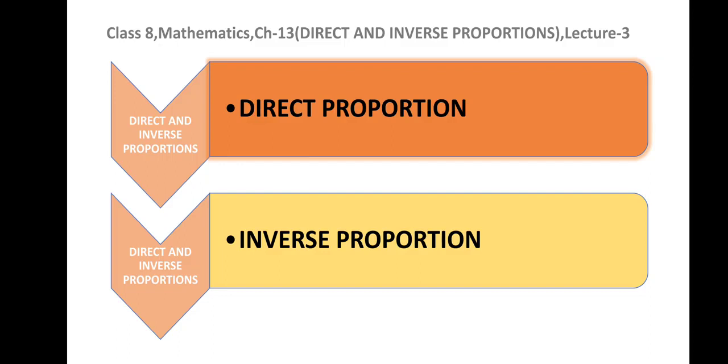So, let us recall these two concepts again in this summary lecture, that is lecture number 3 of chapter number 13, direct and inverse proportions. And at the end of this lecture, I shall discuss assignment 1 of this chapter 13.